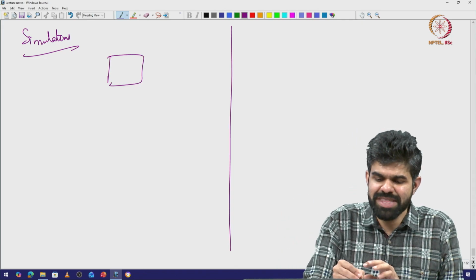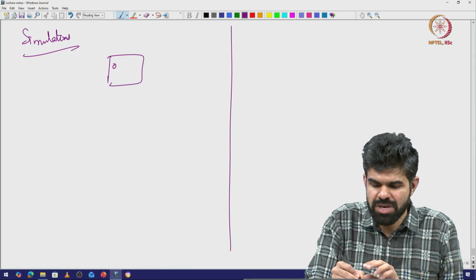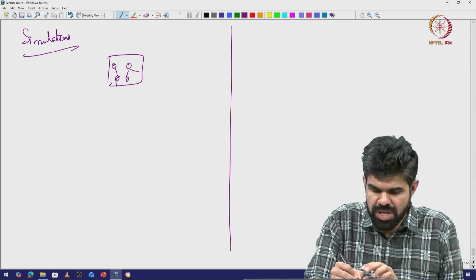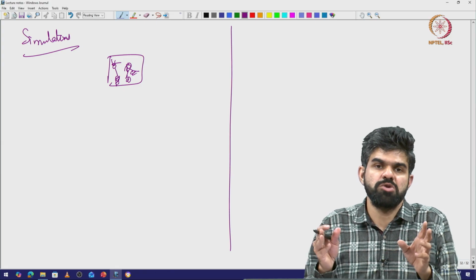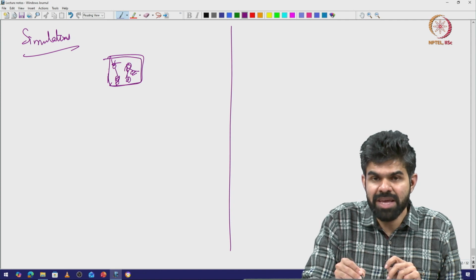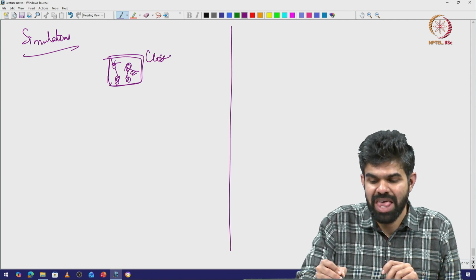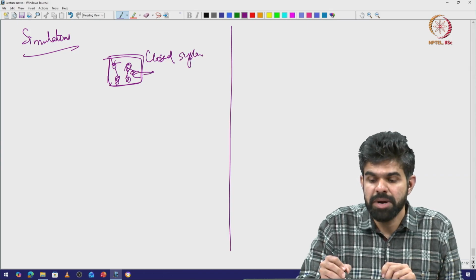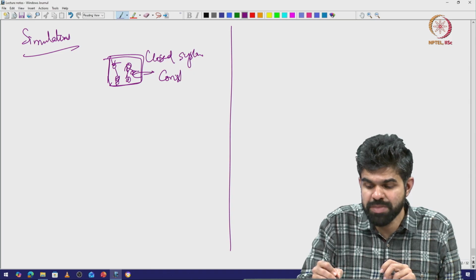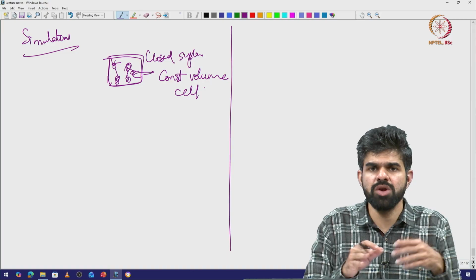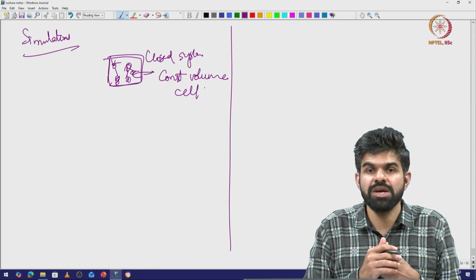There is some hydrogen molecule which is going to react with oxygen molecules, let us say to form water, or whatever is the reaction. And all this is happening in a closed system, of course, which means they can exchange energy, but all this is happening in a constant volume cell. If I am doing my Monte Carlo simulations or whatever, I am doing everything in a constant volume cell.